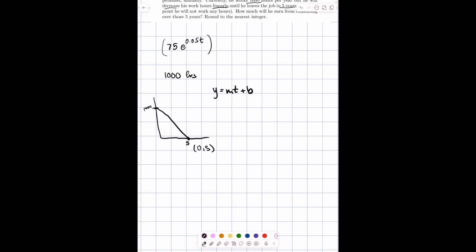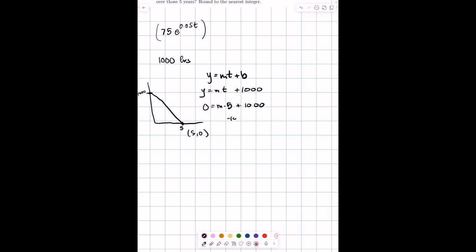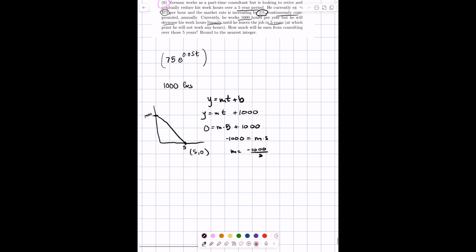Basically, he starts at 1,000 hours, so we know that b is 1,000, and then we need to solve for the slope. We also have this additional point, so I'm going to plug in 0 is equal to m times 5 plus 1,000. Then we have negative 1,000 is equal to m times 5. m is equal to negative 1,000 divided by 5.